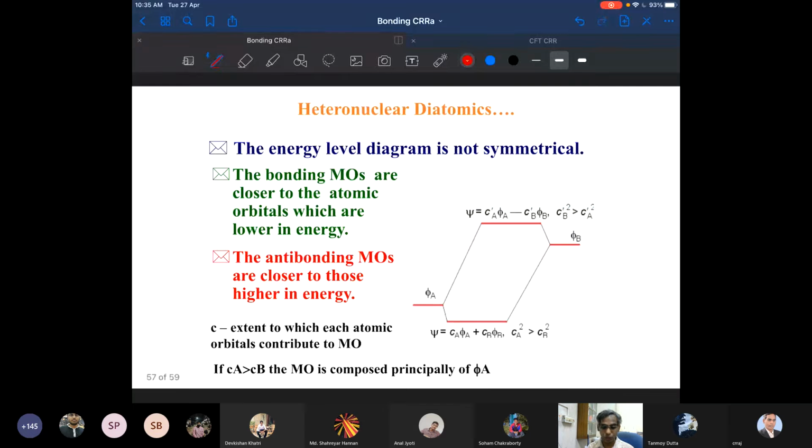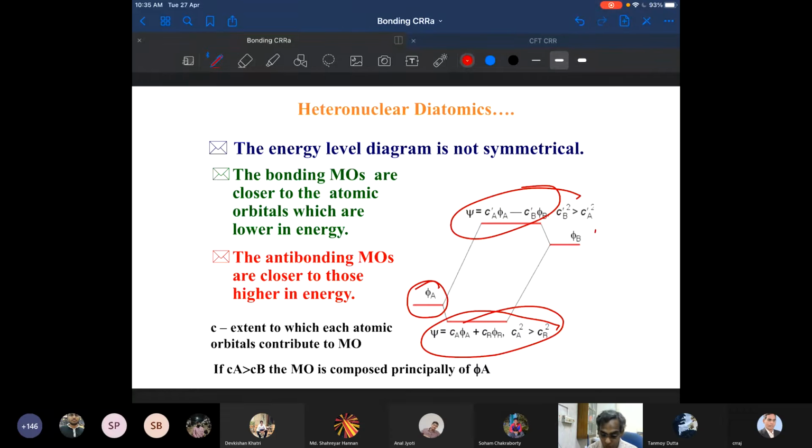Now look at here. Again, we can treat this with the quantum mechanical treatment. I have drawn the wave function, and here I have put phi A and phi B. Why have I not drawn these atomic orbitals at the same level? Because these two have different characteristic properties.